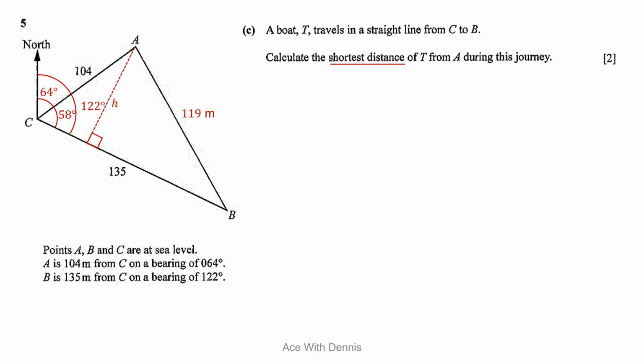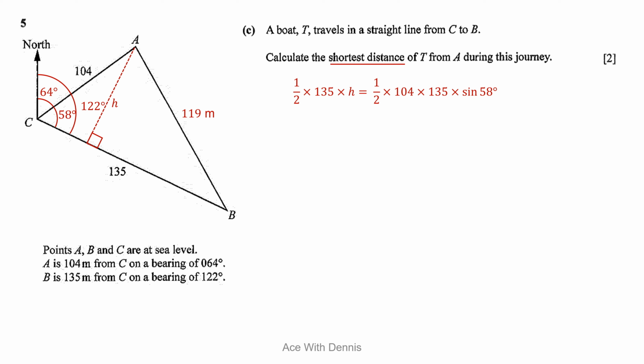To calculate the value of h, we can use the area strategy, where if we calculate the area of this triangle ABC, we can use two formulas. One is half AB sine C, or another formula is half times base times height. If I use half times base times height, it will be half times 135 times h, where 135 is the base length BC and h is the perpendicular height of the triangle. We can also use half AB sine C, where A is 104, B is 135, and the angle C is 58 degrees.